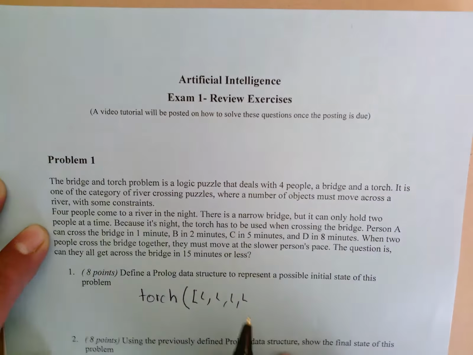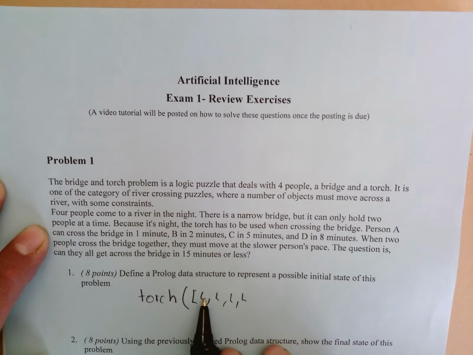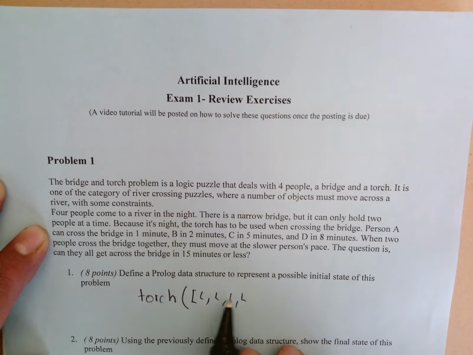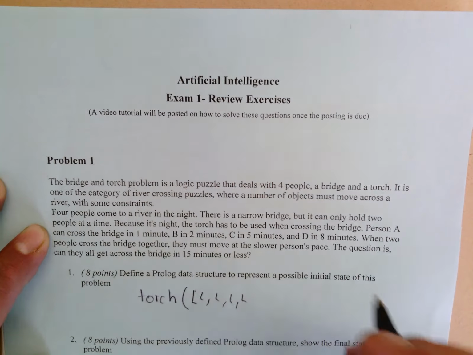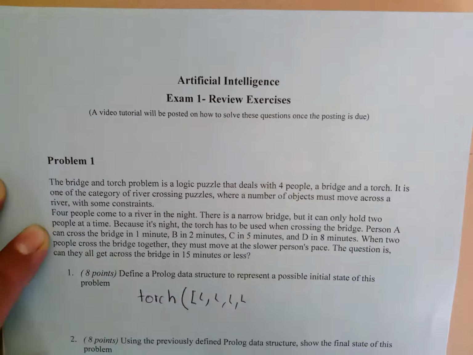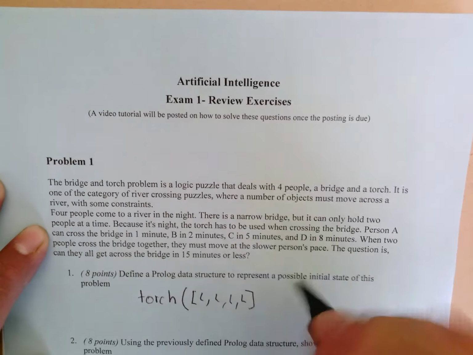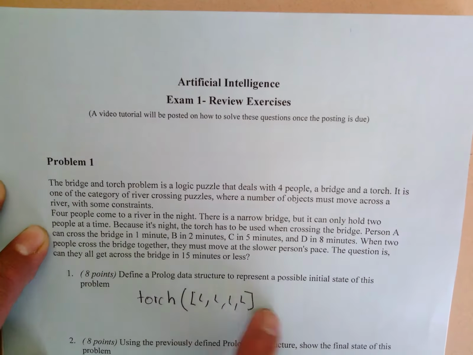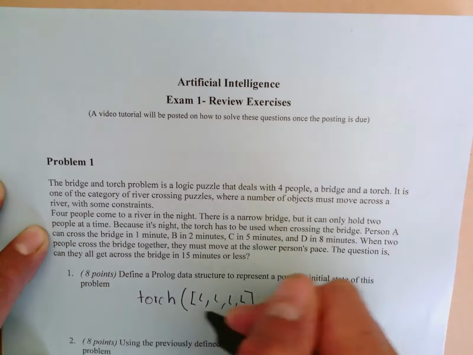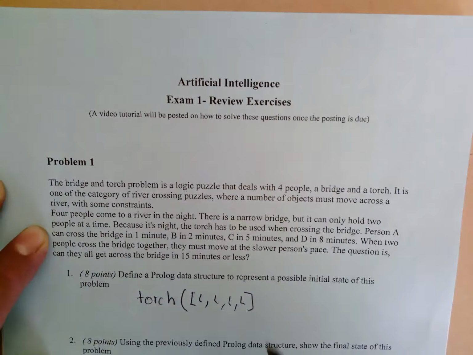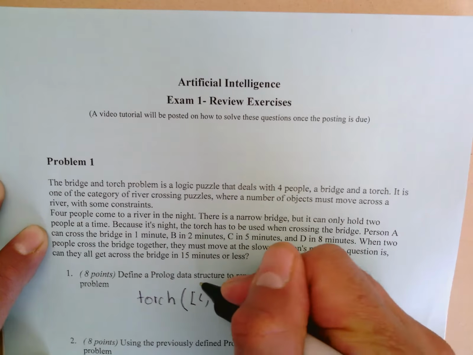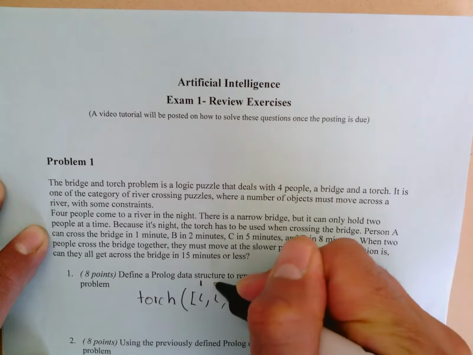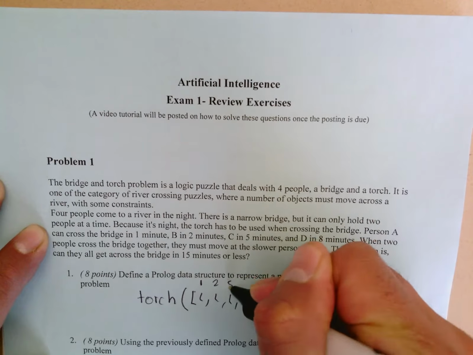So in my representation, I'm saying that person A is on the left, and this is what I will consider in my programming, the position, which side of the river, for each one of them. Now I know, but I'm not putting that here, that this person takes 1 minute, and the others take 2, 5, and 8.